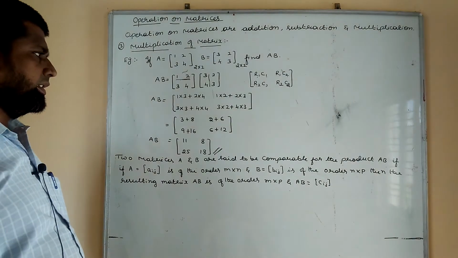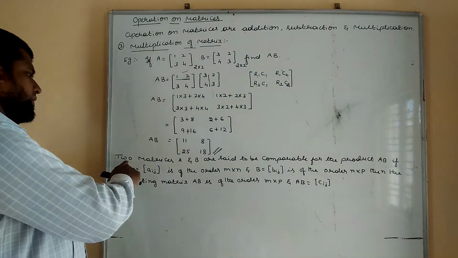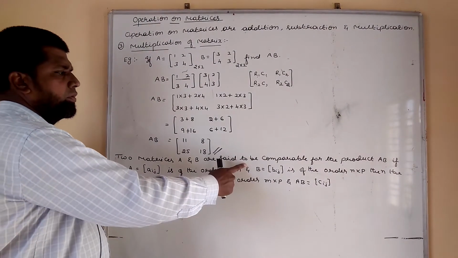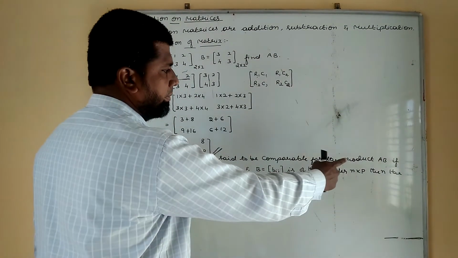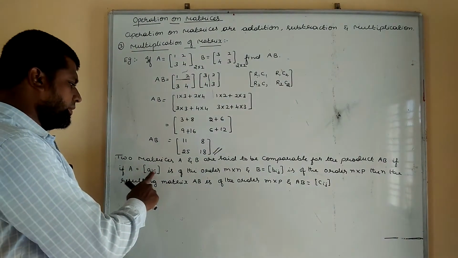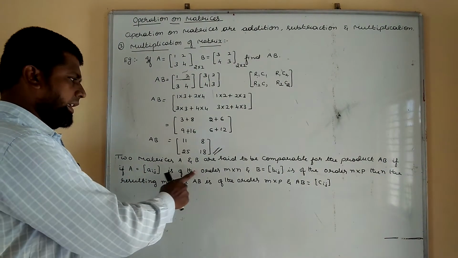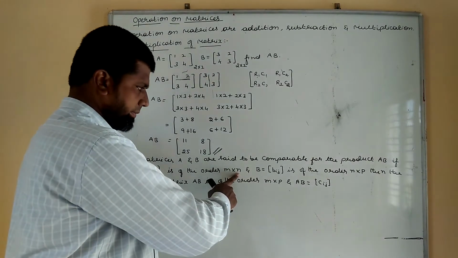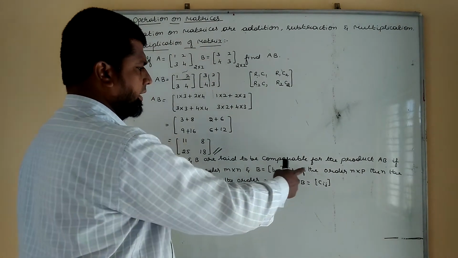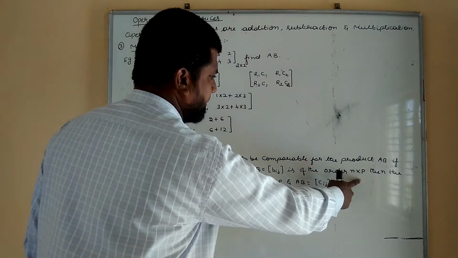Let us write the definition. Two matrices A and B are said to be comparable for the product AB if A is equal to Aij of the order m cross n and B is equal to Bij of the order n cross p.